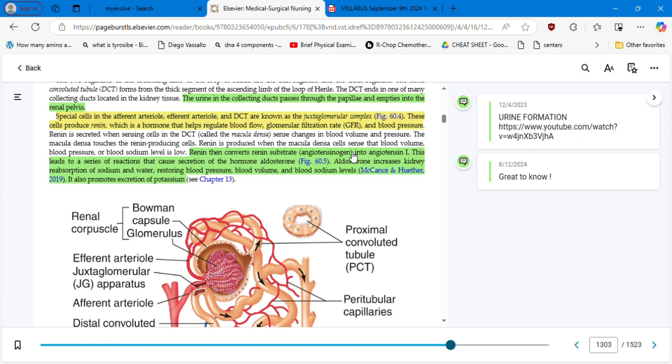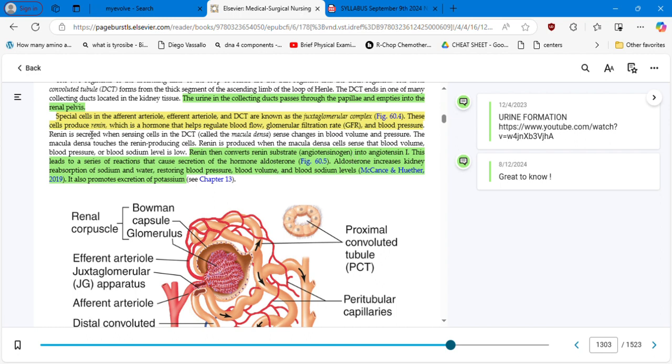When there is hypotension or hypovolemia, renin is going to react. The macula densa touches the renin producing cells. Renin is produced when the macula densa cells sense that the blood volume, blood pressure, and blood sodium level are low. Okay, we know that.